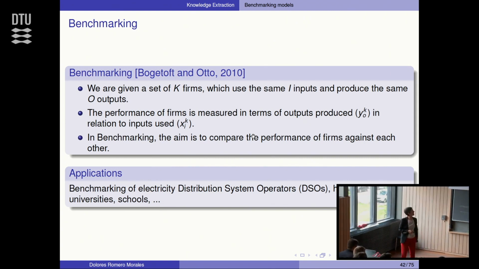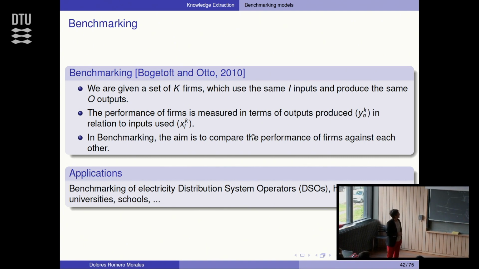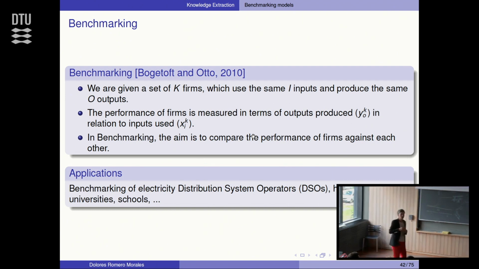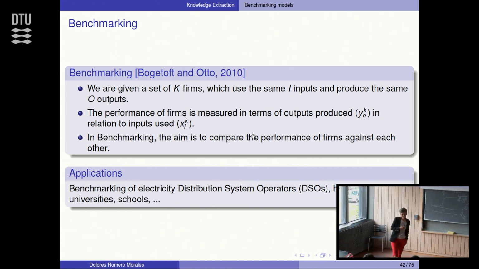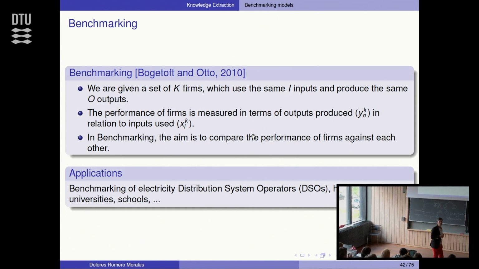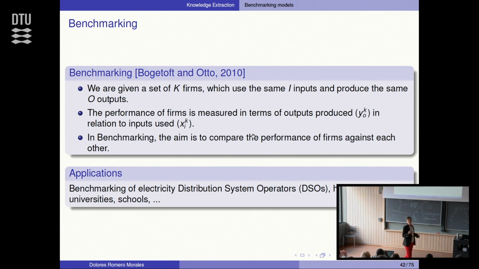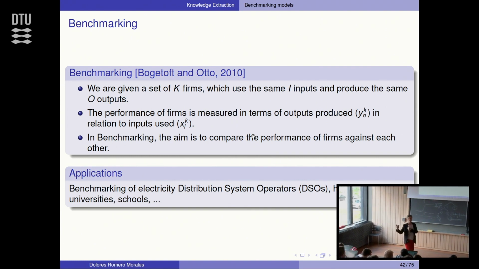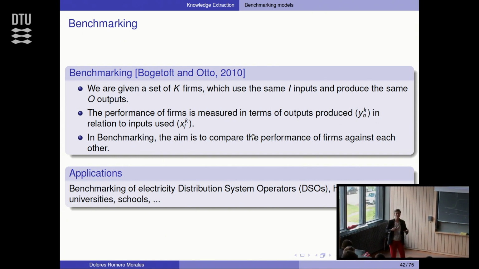And I apologize, I cannot start with very basic explaining, but you probably get the idea of benchmarking, right? I am using some inputs to generate some outputs, and if I were using less inputs and producing more outputs, that would be excellent, but normally life is not so simple.